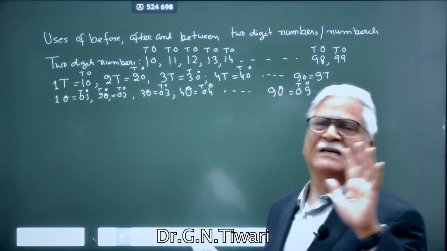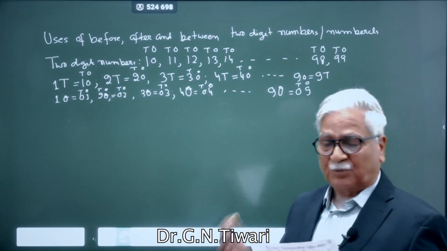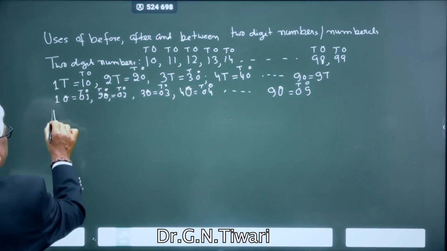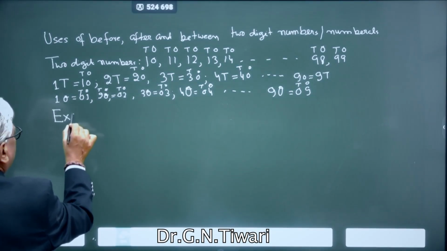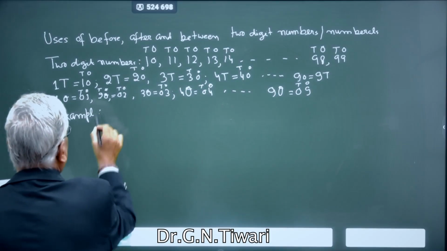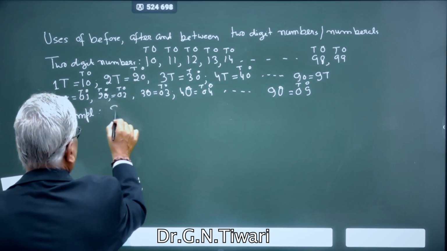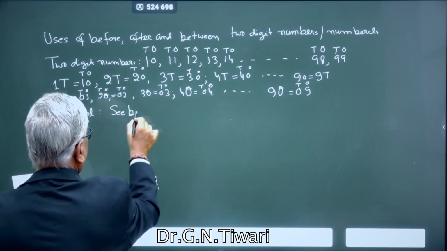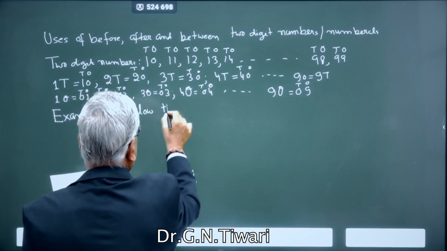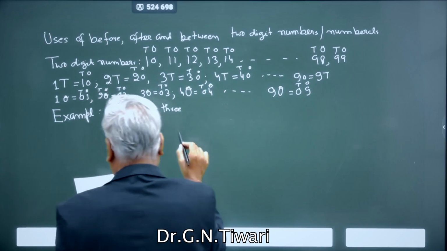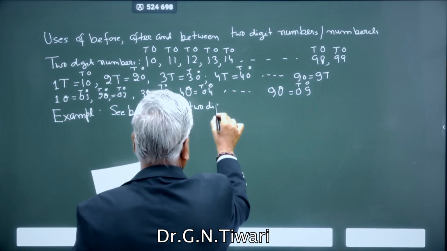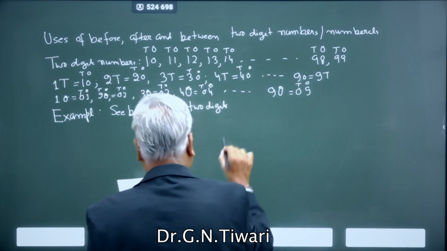Now, I will give you the example. What is the meaning of before, after and between? Example: see below three two-digit numbers.